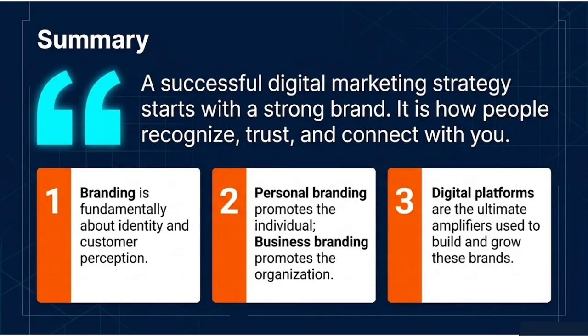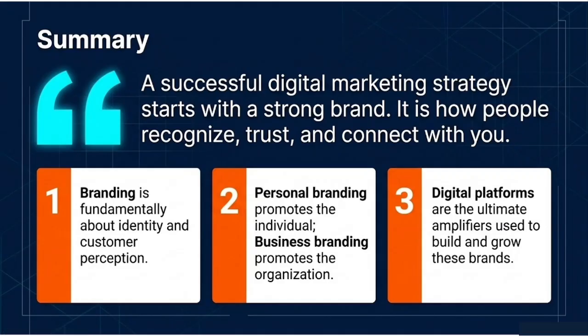Then in summary, a successful digital marketing strategy starts with a strong brand. Once you have a brand that people trust, a brand that people recognize, then it becomes very easy for you to connect with potential customers through digital platforms where you are going to reach out to them. So we have been able to look at 3 key things, that is branding.